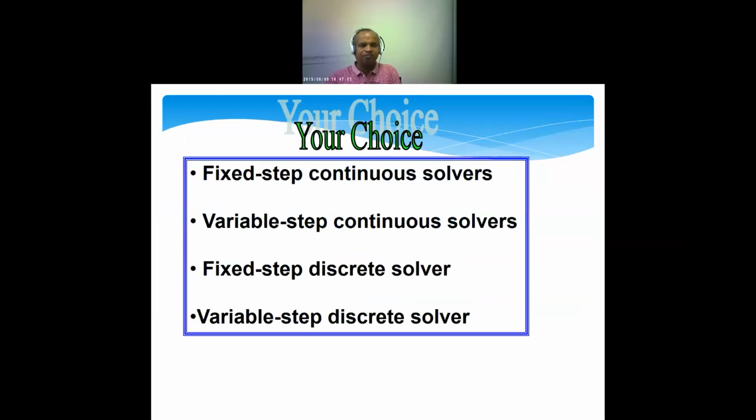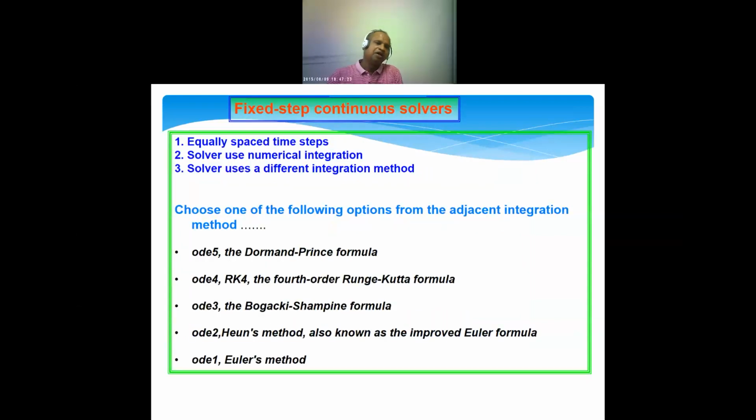So there are fixed step, variable step, fixed step discrete solver, variable step discrete solver. In fixed time, there are ODE1 Euler's method and improved Euler's method. All these things are already available in the literature, and I think all of you must have studied. We use this when we have hardware, so we use Euler's first order method.